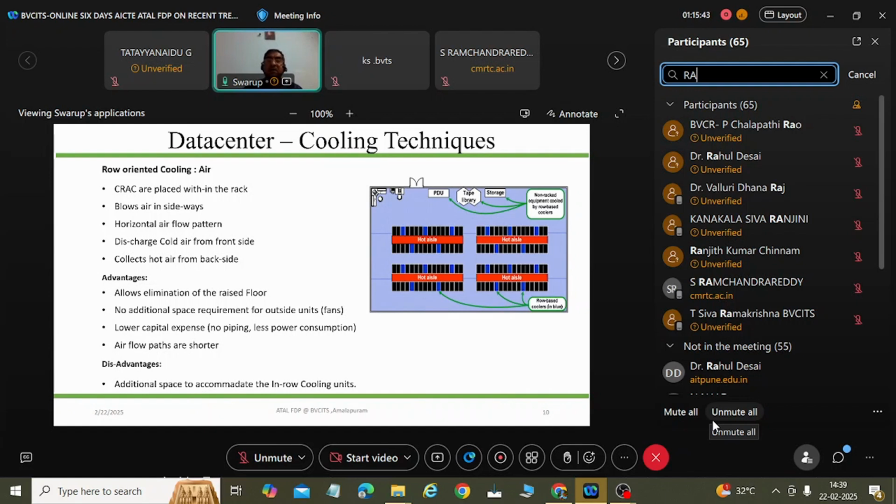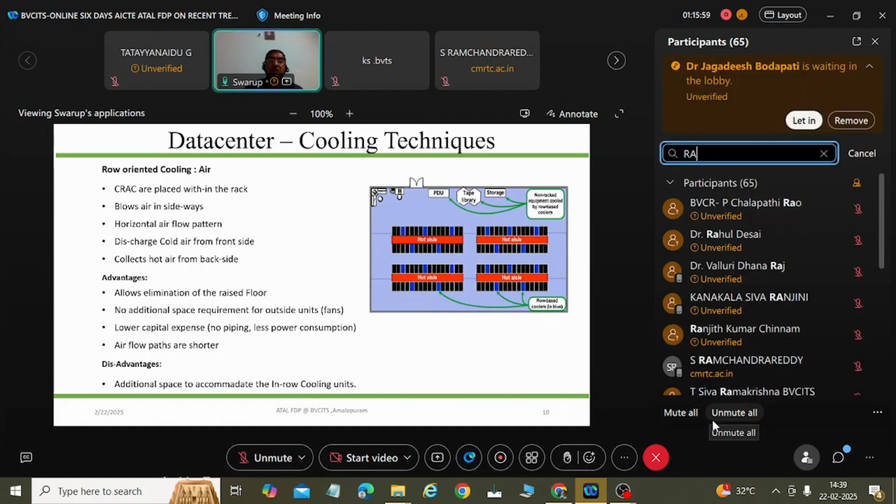The heat source is at one place and the cold air is at some other place. After some mixing or flow, there is a gap between where the heat is generated and where the cold air is coming. So if you go nearer to the heat source, you should be able to cool it effectively. That is the advantage of this.